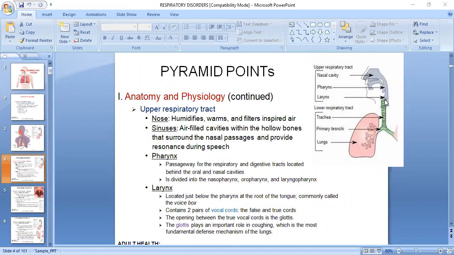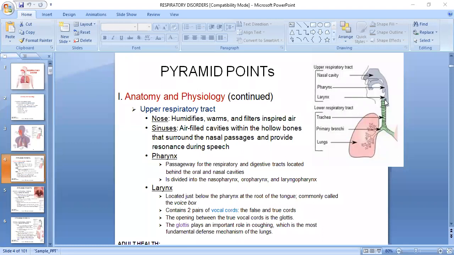Now let's go to the larynx, the lowest part of the upper respiratory tract. The larynx always contains two pairs of vocal cords, and the vocal cords help produce sound.